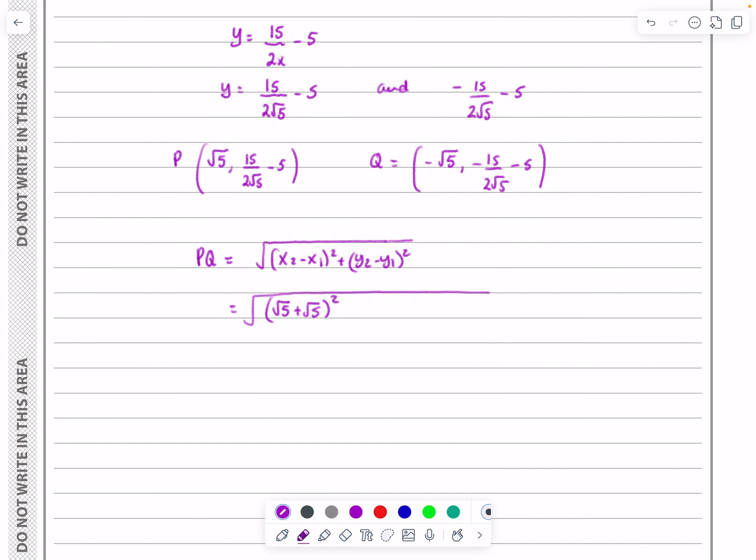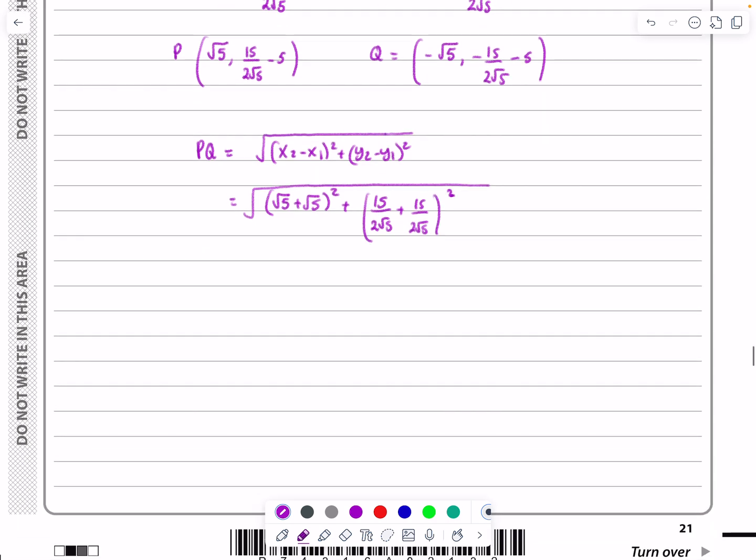Over, and this is going to be longer to write out than it's going to be to do here, this is going to be plus 15 over 2 root 5 minus minus 15 over 2 root 5. So in other words, 15 over 2 root 5 plus 15 over 2 root 5 squared. Now that's actually taking longer to write out than it will be for you to just chuck all that into a calculator and see what it works out.